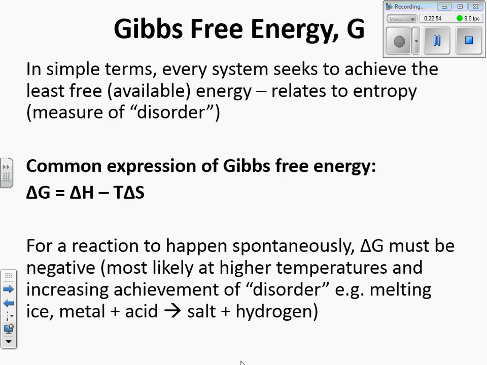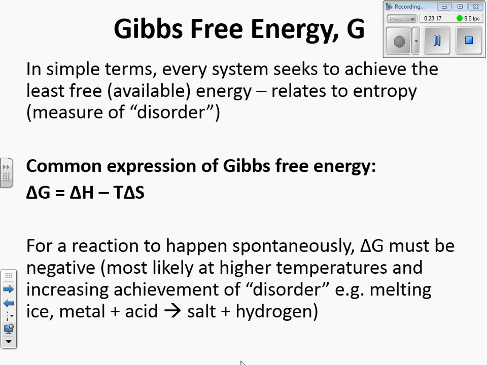So higher temperatures, and also increasing disorder, in other words, higher values for delta S. The bigger this term is, the more likely delta G is to be negative. This isn't a particularly useful definition for us in terms of using electrode potentials, so we're going to take a different approach.